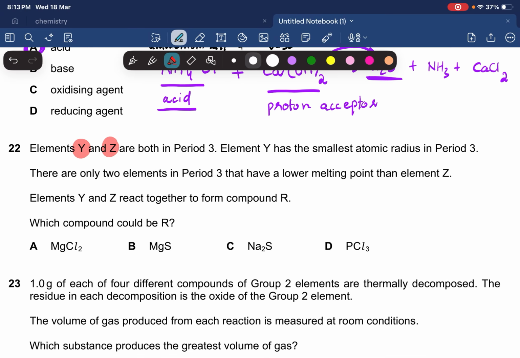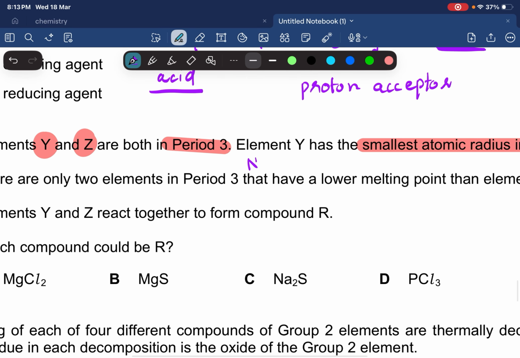Elements Y and Z are both in period 3. Element Y has the smallest atomic radius in period 3. Okay, so I'm going to list all period 3 elements: sodium, magnesium, aluminum, silicon, phosphorus, sulfur, chlorine, and argon.